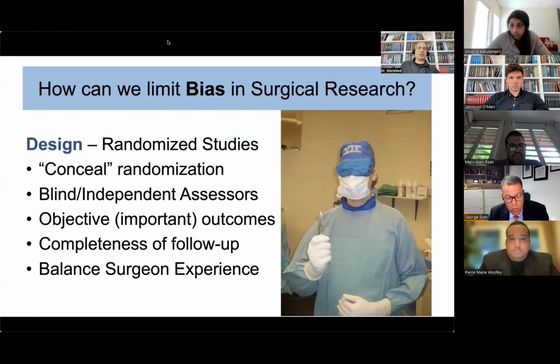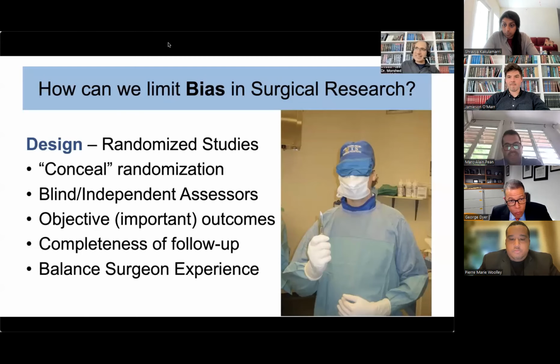That's a little bit easier to implement in the middle of the night. You need blinded and independent assessors of outcomes. We talked about the importance of that in limiting measurement bias. We try to establish objective outcomes, right? Those that are less susceptible to subjectivity. Completeness of follow-up is very important. That gets at that selection bias phenomenon that we were talking about earlier. And then balancing surgeon experience.